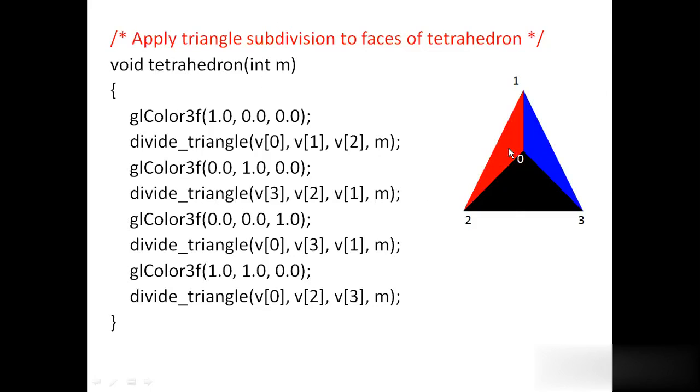Here I'm going to call vertices 0, vertices 2, vertices 3. So this is how we are going to make the concept very clear. In this way we are able to get the triangle.